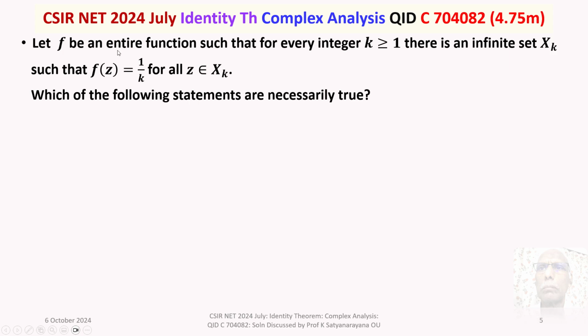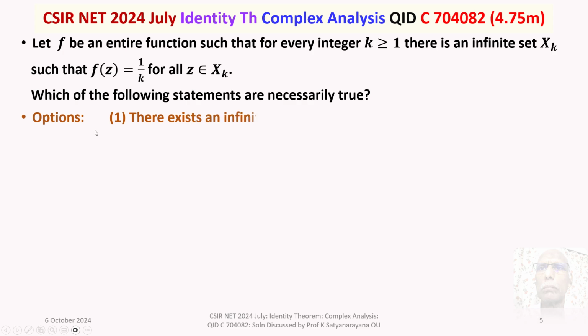We are given f is an entire function such that for every positive integer k, there is an infinite set X_k such that f(z) is equal to 1/k for all z belongs to X_k. Then which of the following statements are necessarily true?